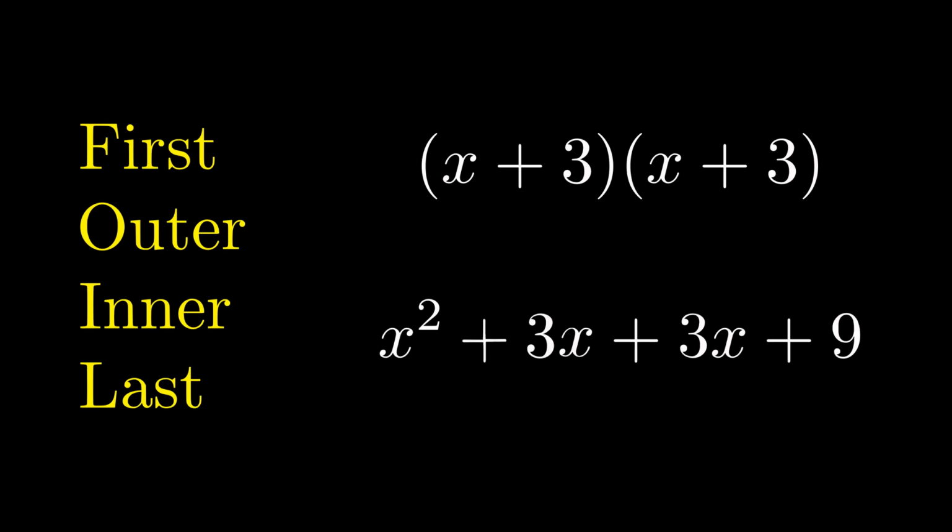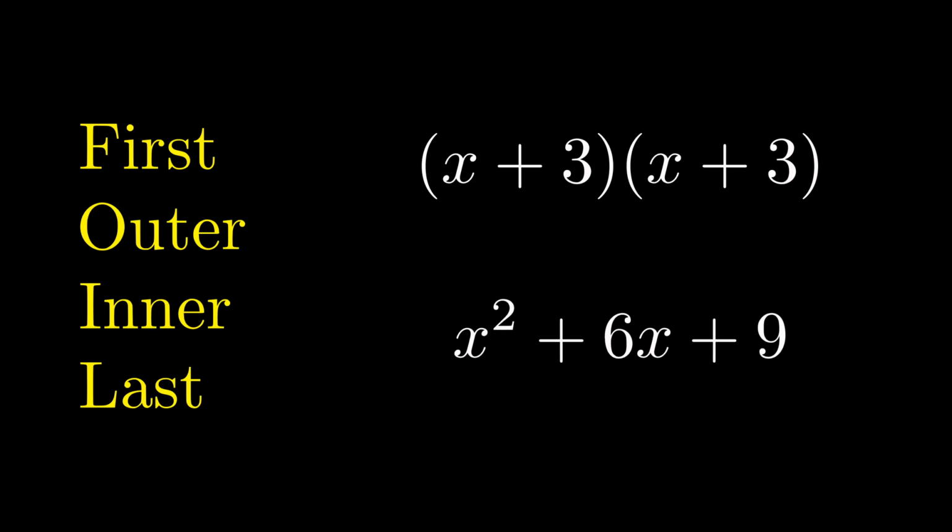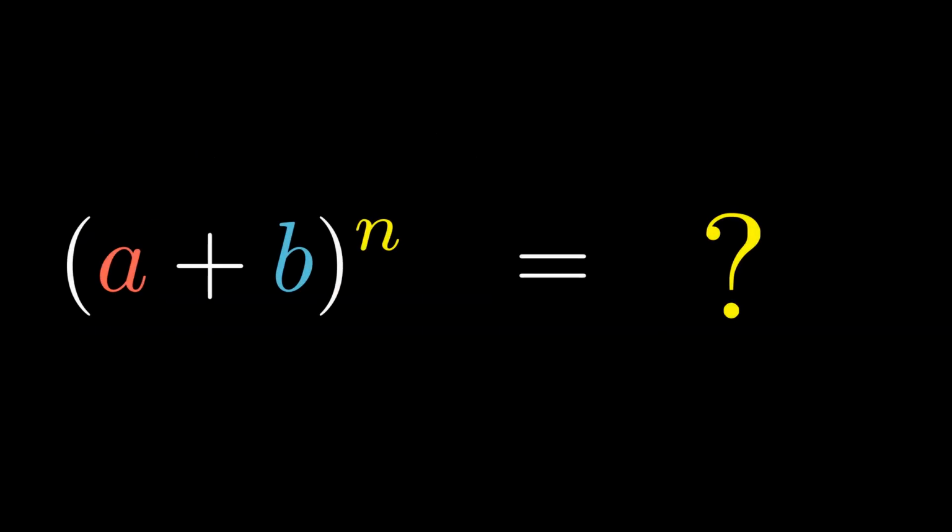But this doesn't work for more brackets. It doesn't generalize. What we want is a formula, something that takes us straight to the answer for any power of any binomial. And when we want a formula, we need to find patterns.